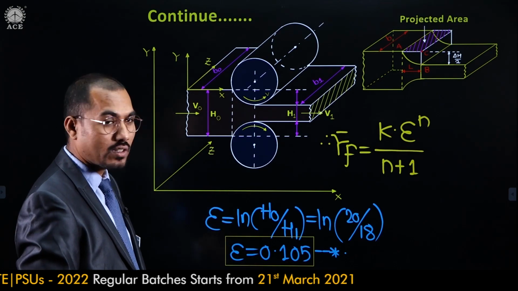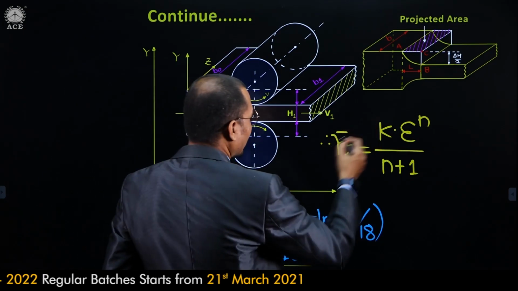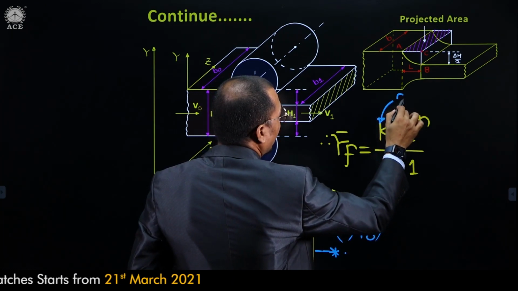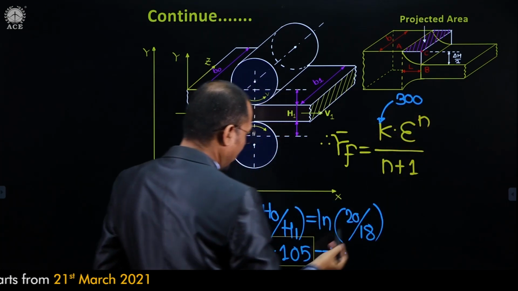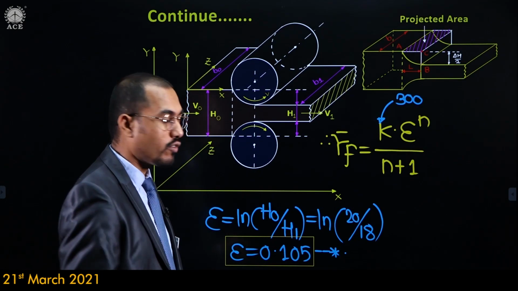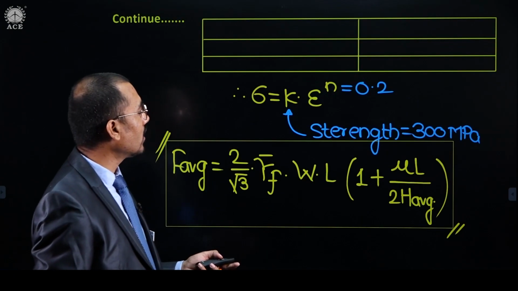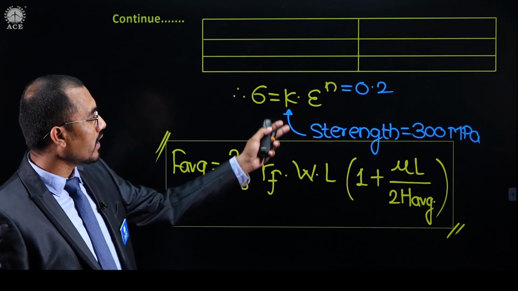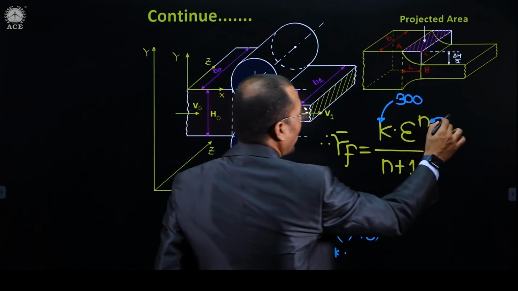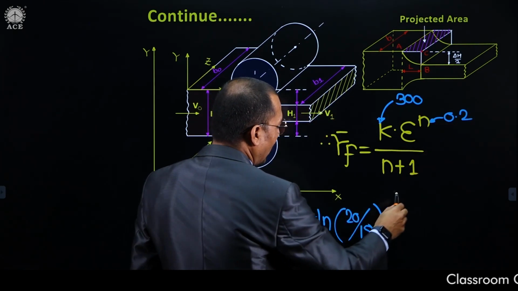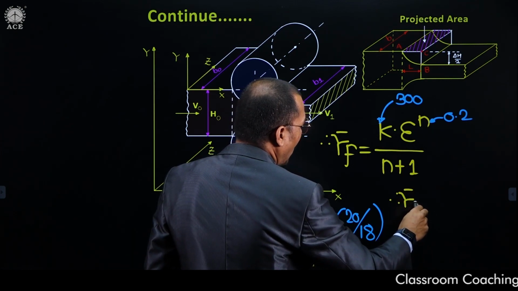Now you put the values there. K equals 300, epsilon is 0.105, and n is 0.2. I'll put the respective values there and then I'll get Y bar f.